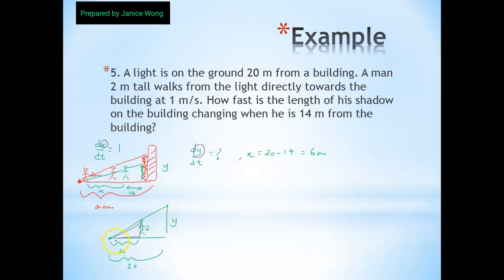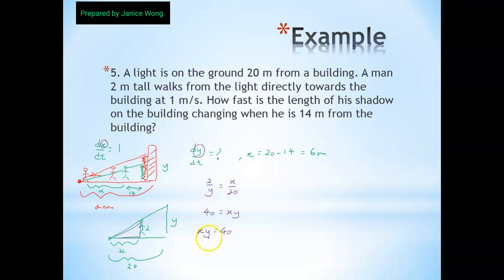When we have similar shapes, we can form ratio. 2 over y will be equals to x over 20. Cross multiply, x times y equals to 40. xy equals to 40. We have formed the formula in both x and y, two variables.